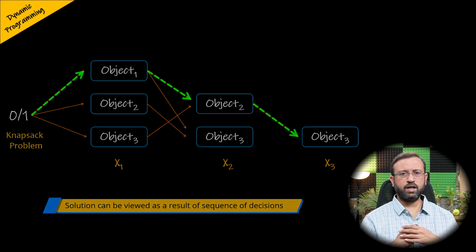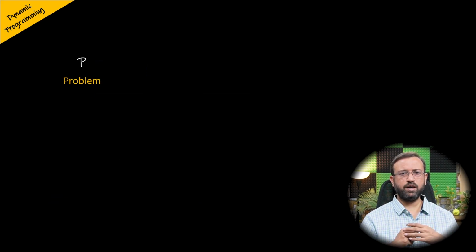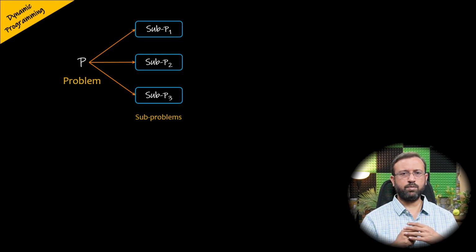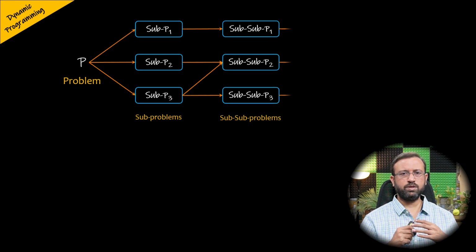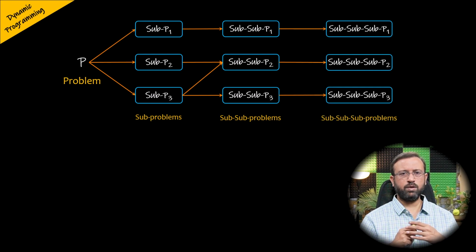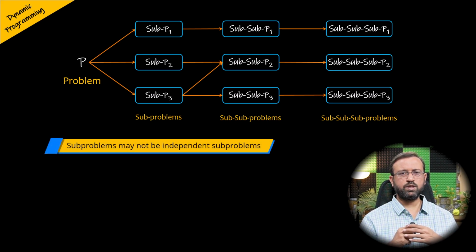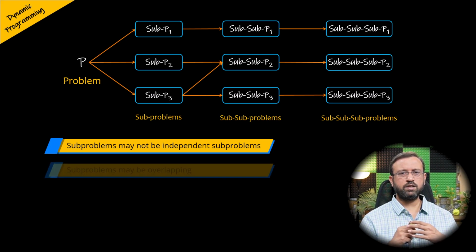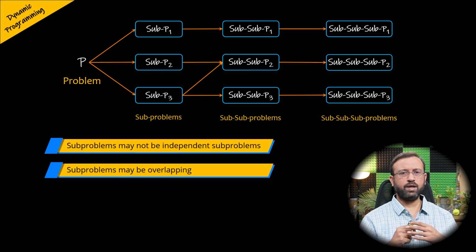So, to generalize, in dynamic programming, we have a problem P. It is partitioned into subproblems and sub-subproblems, and the solution to the problem can be viewed as a result of a sequence of decisions. In the dynamic programming approach, the subproblems may not be independent. That is, the subproblems may be overlapping.